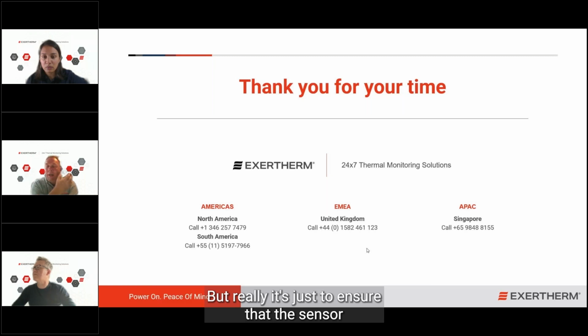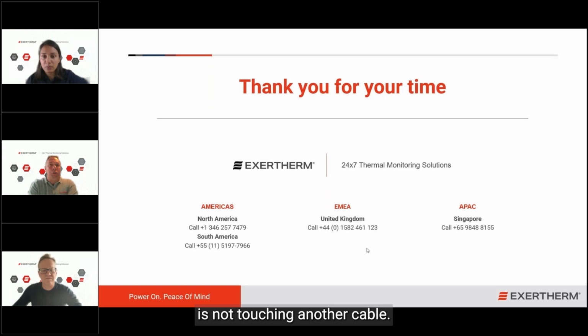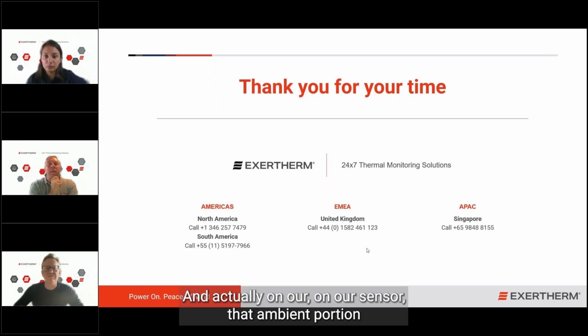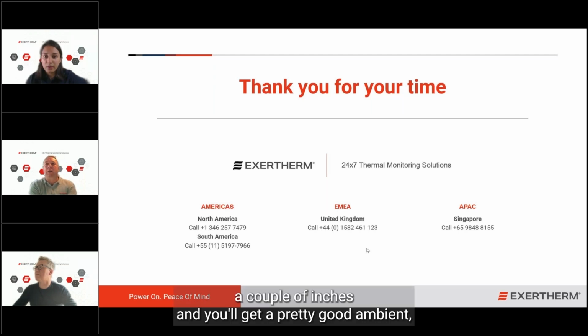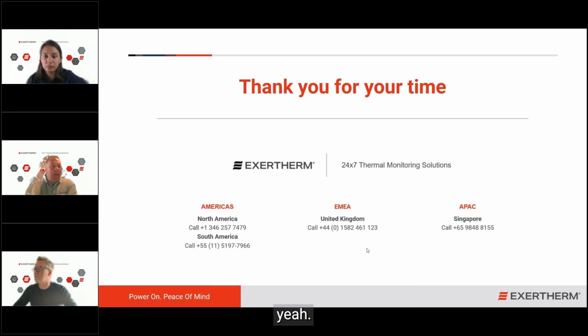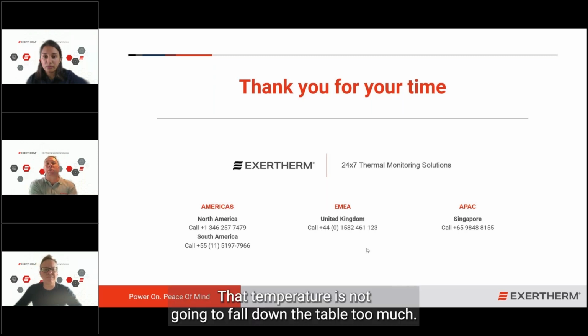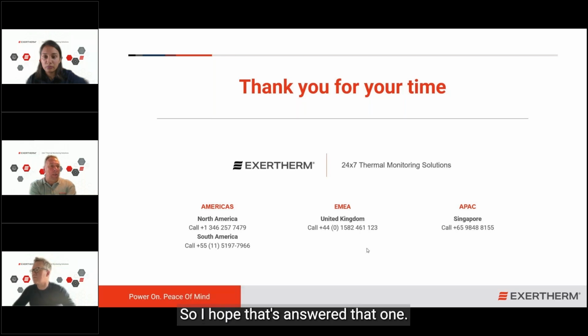But really it's just to ensure that the sensor is not touching another cable. And on our sensor, that ambient portion is 12 inches or so away from the main head. So just pull it away from the cable a couple of inches, and you'll get a pretty good ambient. That temperature's not going to fall down the table too much. So I hope that's answered that one.